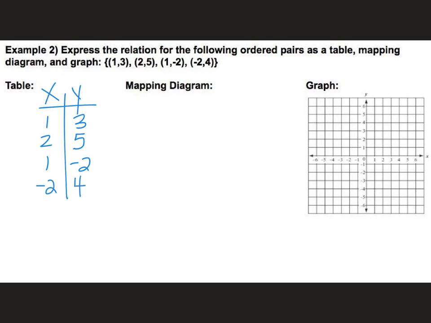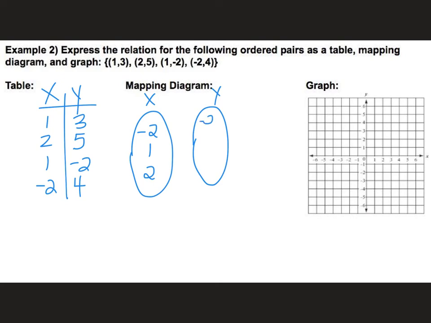Now let's create our mapping diagram. Now, one thing that's unique about a mapping diagram, and I want you to fix this if we made a mistake on this piece, is we are only going to write our values 1 time in a mapping diagram. So although in my table I see 2 number 1s for my x's, in our mapping diagram my x's are just going to have 1 of these 1s.